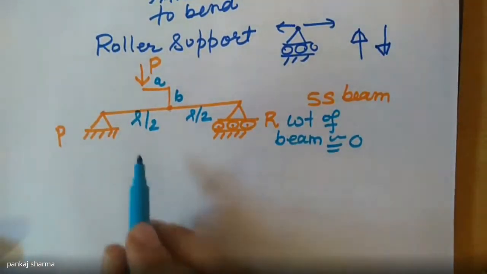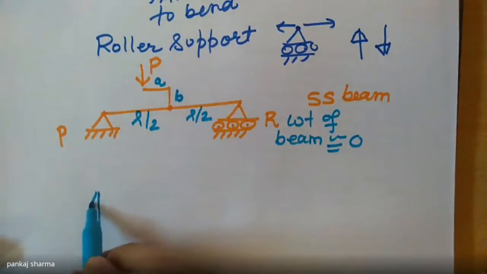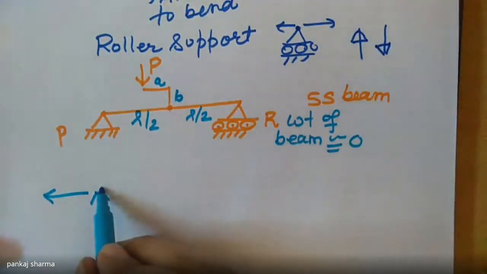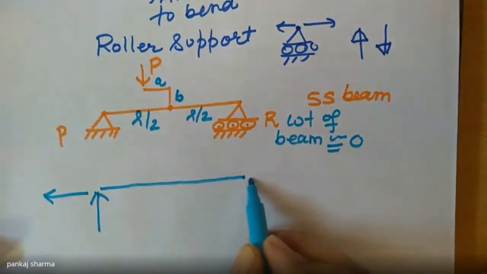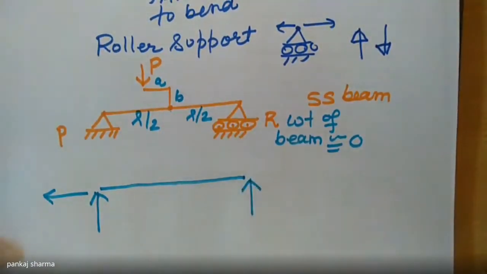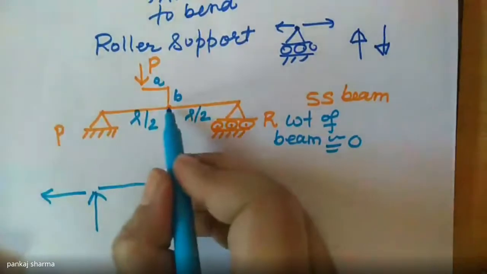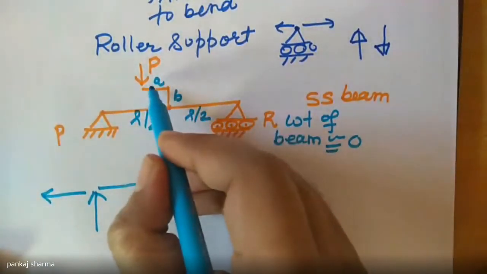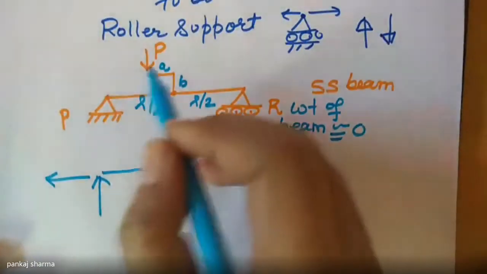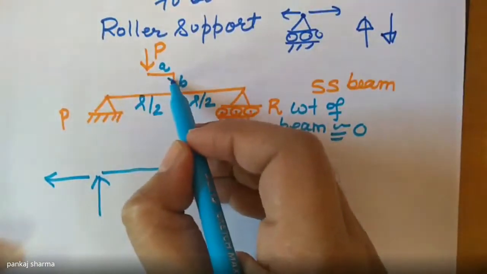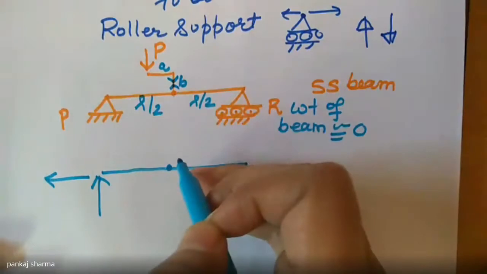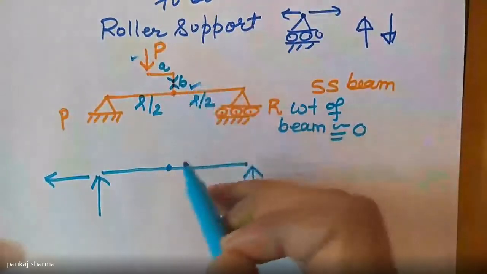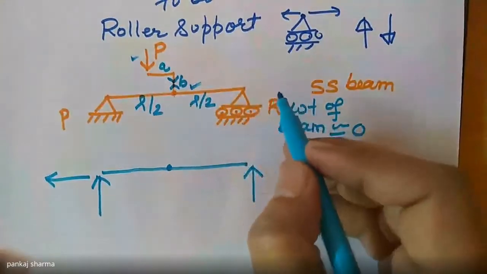So what we have to do is simply use our prior knowledge about pin support and roller support. What about this point? It is an eccentric loading problem. I am taking a typical problem. We can say it is vertically downward and vertically upward, making a couple.